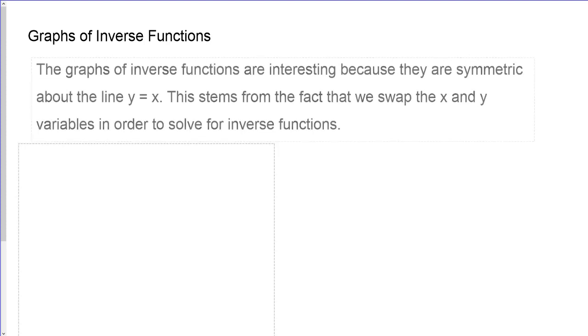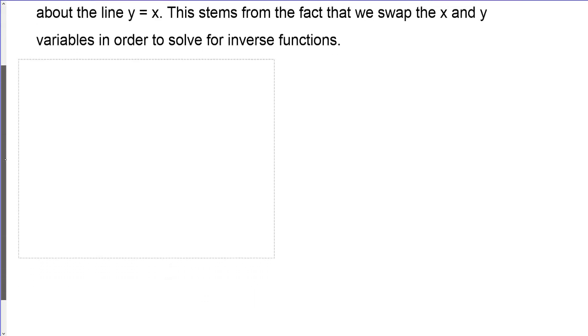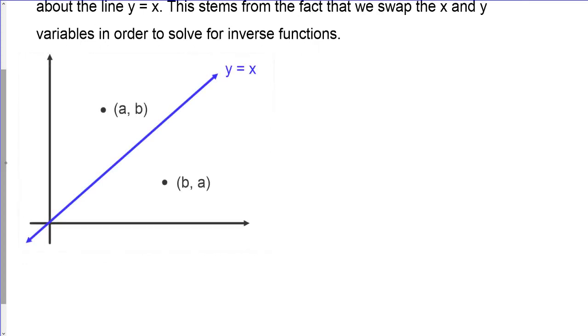Let's look at graphs of inverse functions. The graphs of inverse functions are interesting because they are symmetric about the line y equals x. This stems from the fact that we swap the x and y variables in order to solve for the inverse functions.